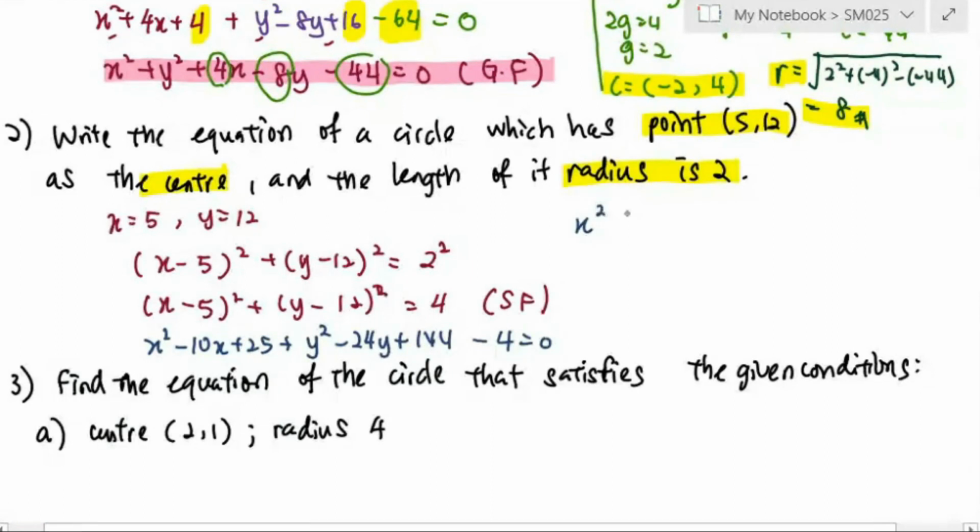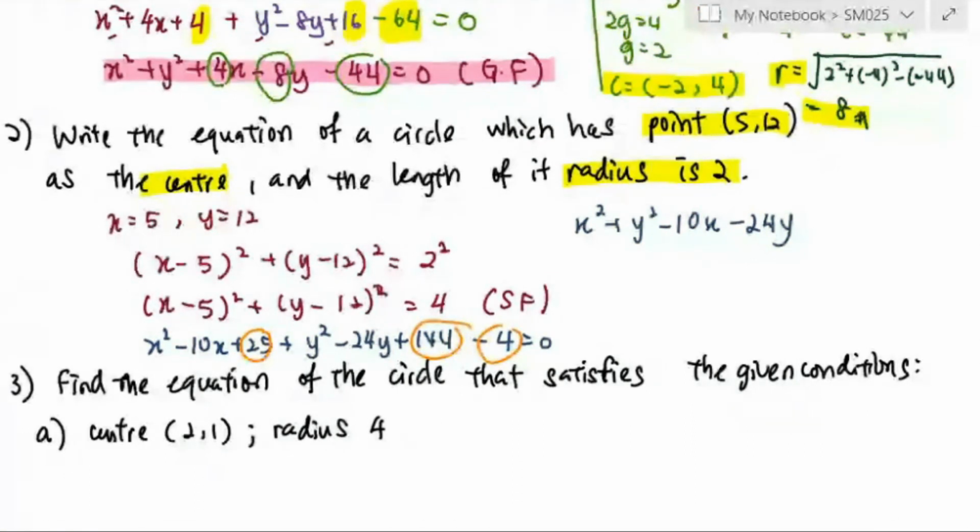Start with x squared, then y squared, then something x and something y. Then we collect all the constants, where 25 plus 144 minus 4 will give us 165 equals 0. All right, so this will be our general form.